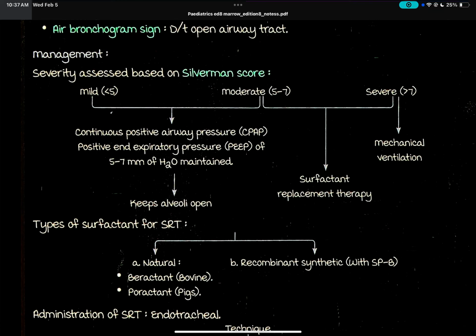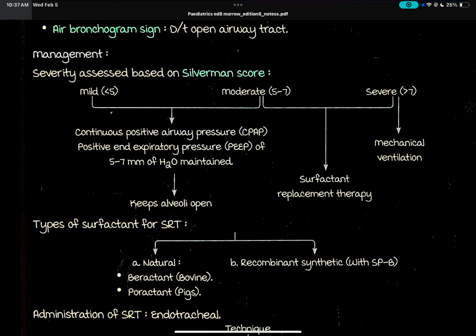So the severity is assessed based on the Silverman-Anderson score. We remember mild is less than 5, moderate is 5 to 7, sorry, severe is more than 7. For mild and moderate, what you do is CPAP and PEEP.